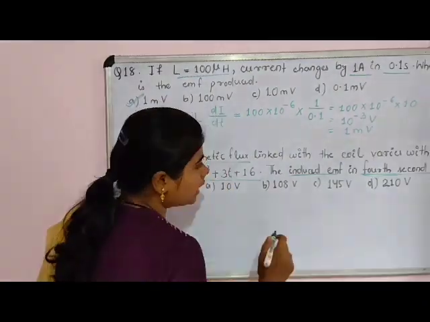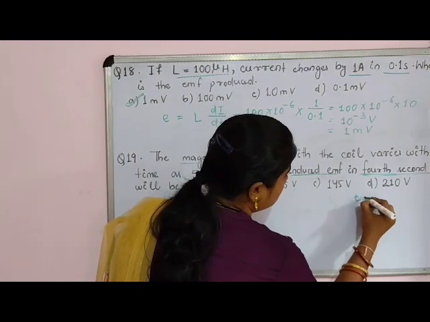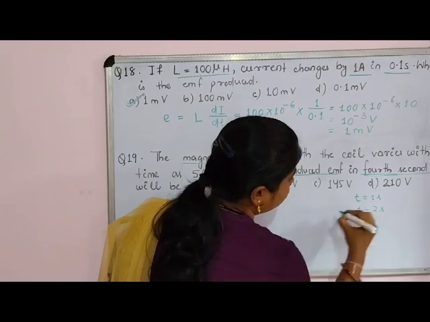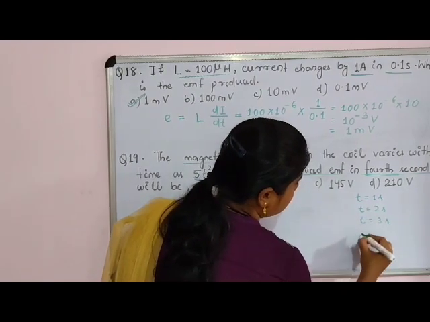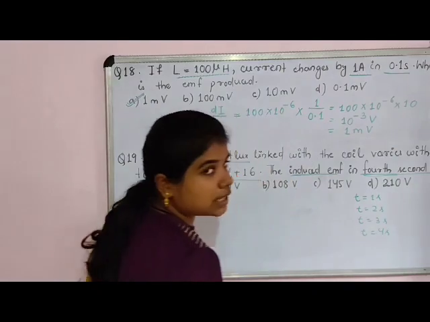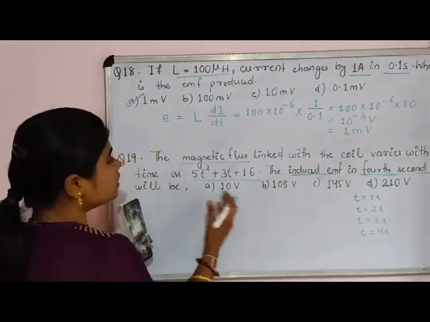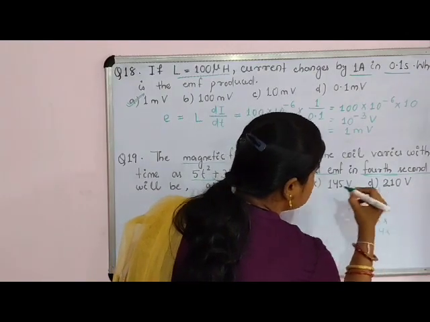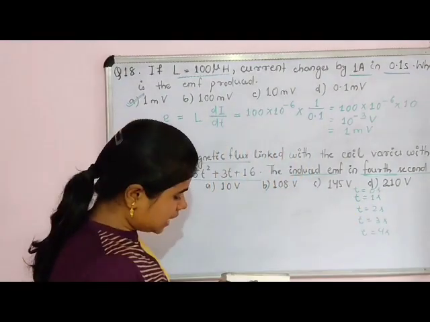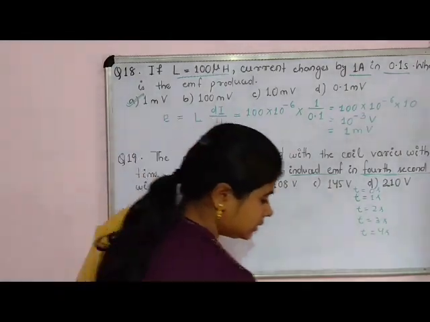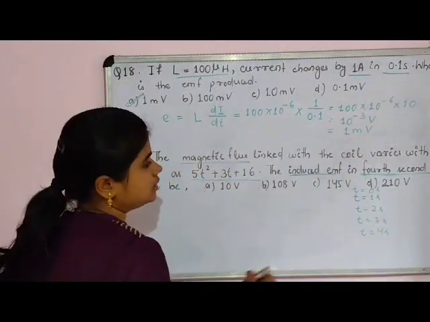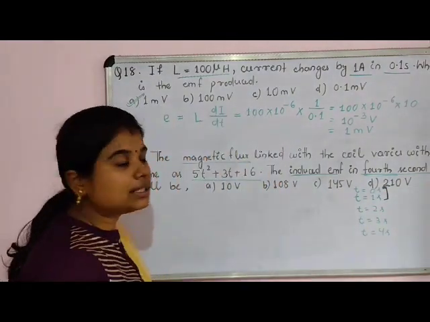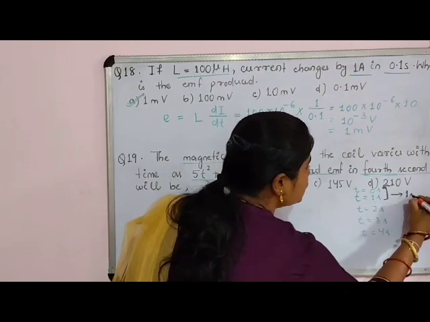No. 4th second means, suppose this is t equal to 1 second, t equal to 2 seconds, t equal to 3 seconds, t equal to 4 seconds. Now we are observing the change from the beginning, so we can take also t equal to 0 second. The time interval between t equal to 0 second to t equal to 1 second is the first second.